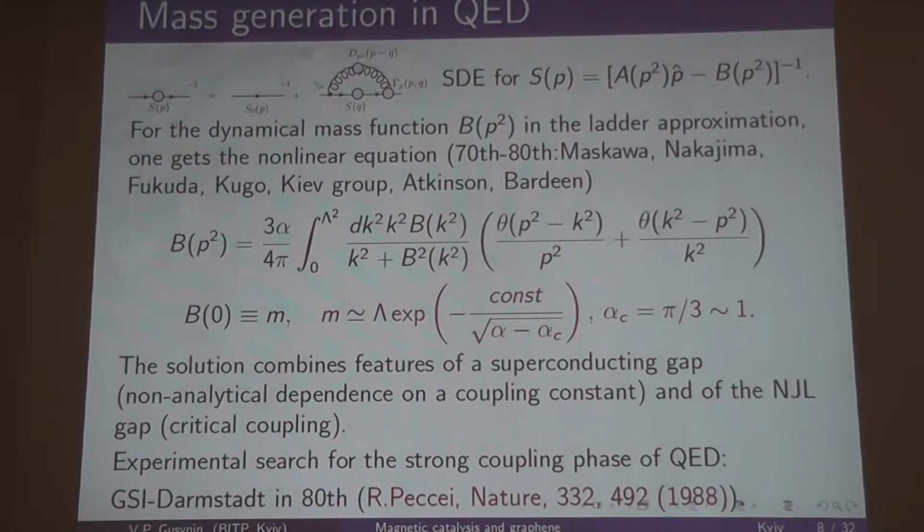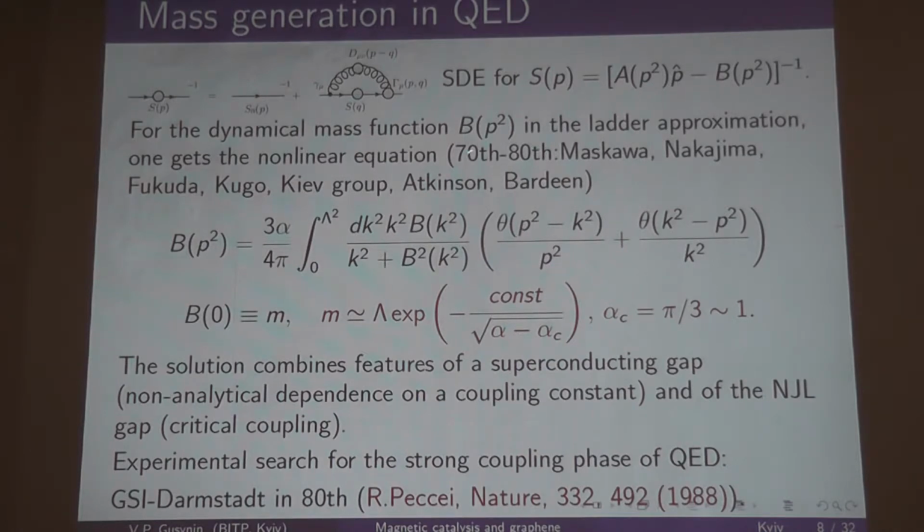Now, what about the real ground state? You can write down the Schwinger-Dyson equation for the fermion propagator. Here is a general form for this propagator. Here is the mass function, and this equation for the mass function is a non-linear one.